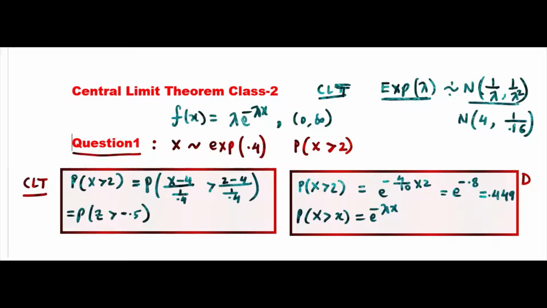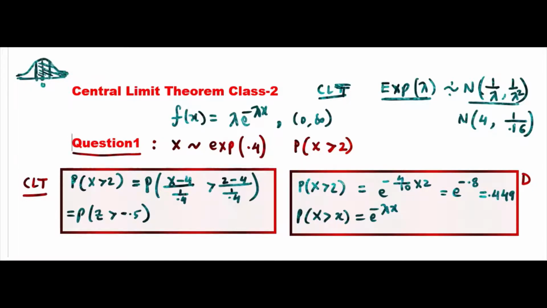So you know what is that greater than minus 0.5? That means this one we want. Here we have minus 0.5. We want this area to the right, but from the table we will get from the left. So this area you will not get from the actuarial table directly, because this is 0 here.